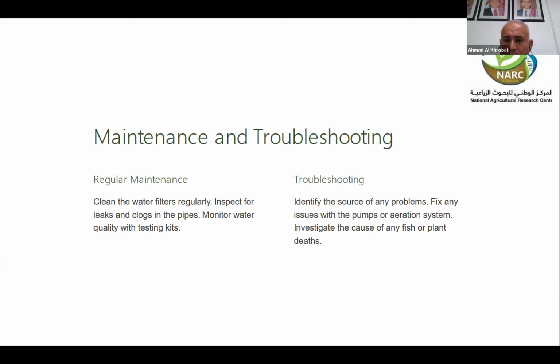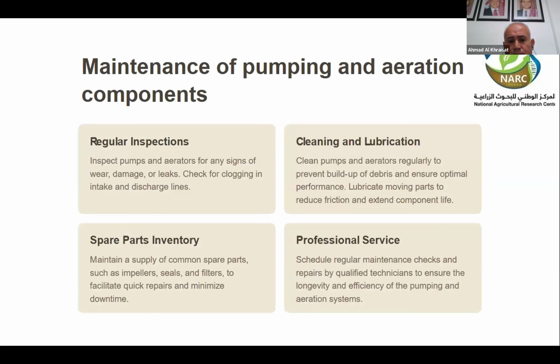We should identify the source in order to treat it. Then we fix the problem and put a procedure in place for the solution. How can we solve this problem in the future? Because when it happens, we should think about the future.